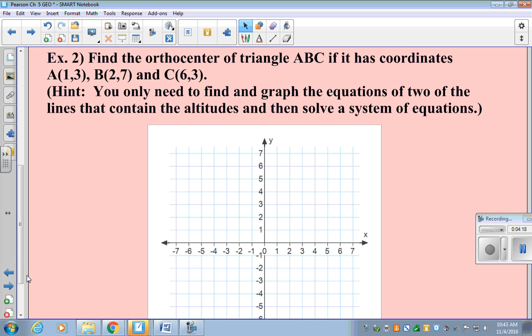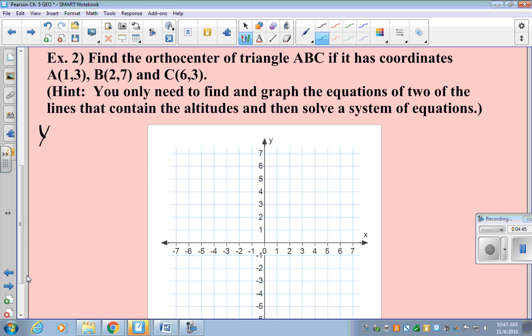Then we're going to find the orthocenter. The hint says you only need to find and graph the equations of 2 of the lines, because where those 2 lines cross, the 3rd one is also going to cross, and that is a test question, my friend.